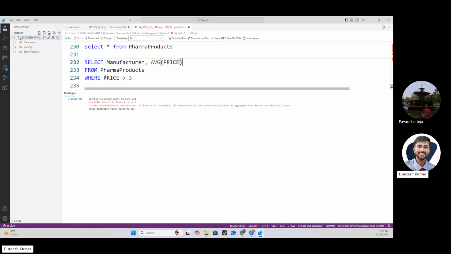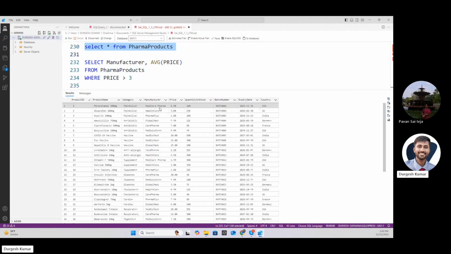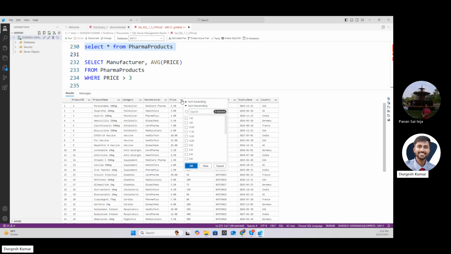So what we are doing here is filtering the records where the price is greater than 3. It means this WHERE clause will work like this: look at this price, and let's say, for example, greater than 3.